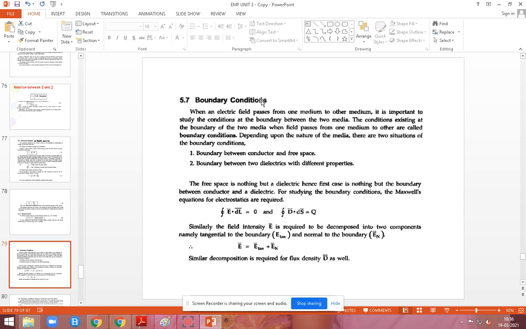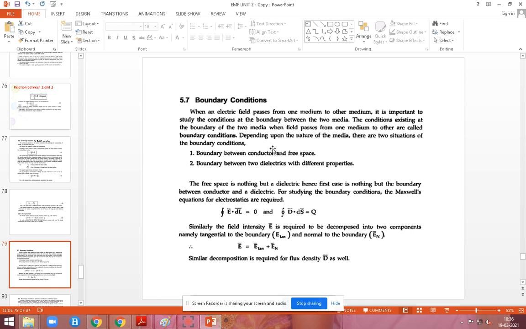When an electric field passes from one medium to another medium, it is important to study the conditions at the boundary between the two media. If there is charge movement from one medium to another, we need to know the boundary condition, whether any values change at the boundary.